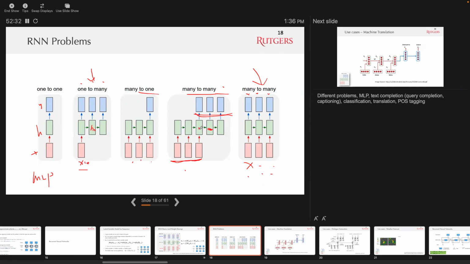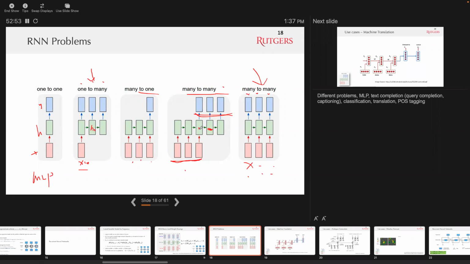Okay, so these are different settings, input output structures of RNN, right? And this is actually very general, because, for example, we're talking about the vanilla version of RNN, and even for the gated version of RNN, we're still going to run into different settings like this.